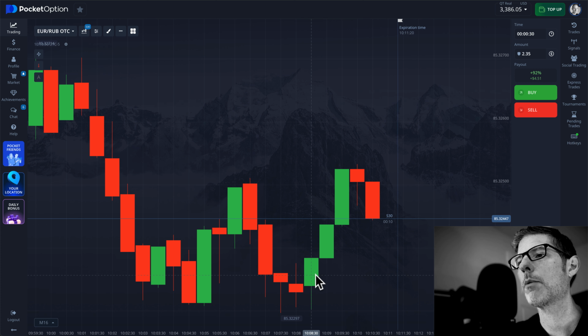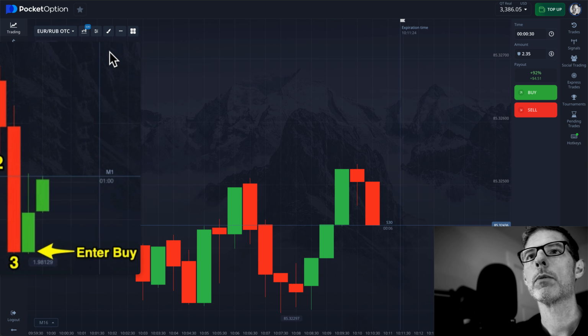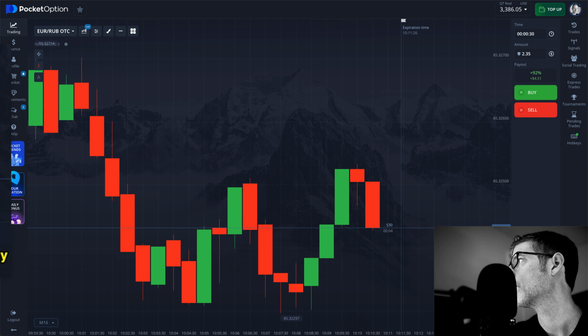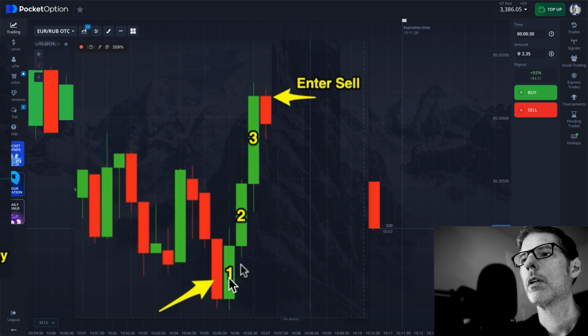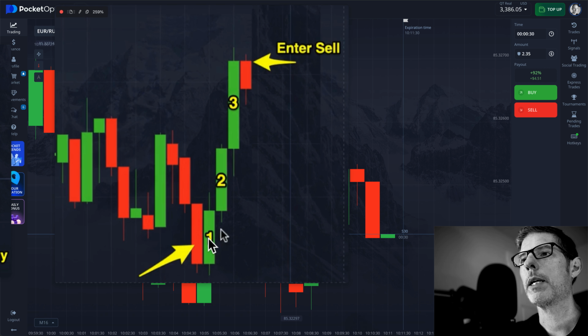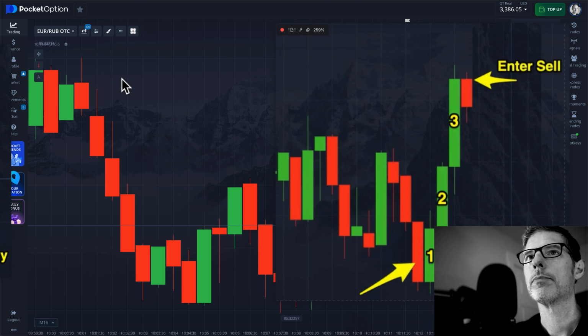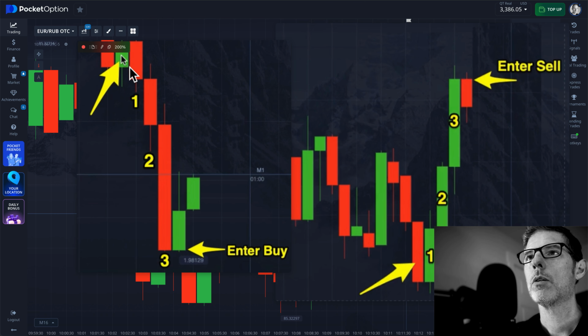Perfect. Look how that worked out. 1, 2, 3. Green 1, green 2, green 3, sell. Red 1, red 2, red 3, sell.